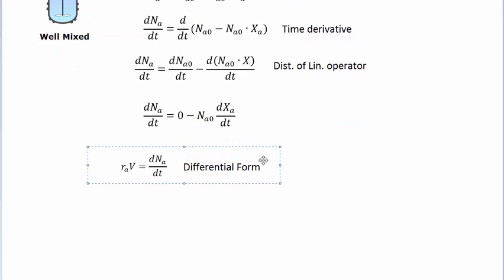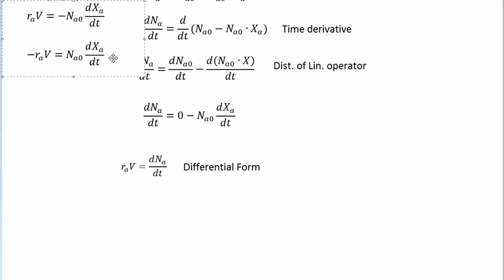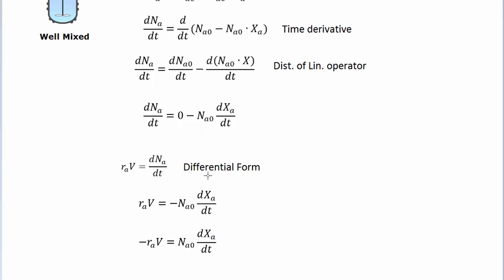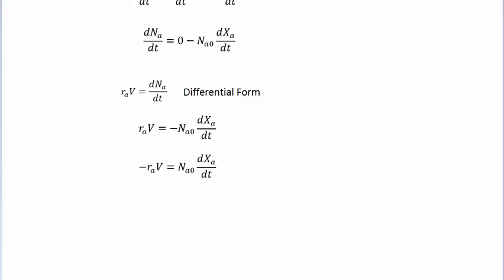So if we take that original design equation and sub in this line here where we took the derivative of the conversion definition, first of all we just plug this in here, and then in general you'll see it rearranged in this form. So this is the final design equation for the batch reactor in terms of conversion.